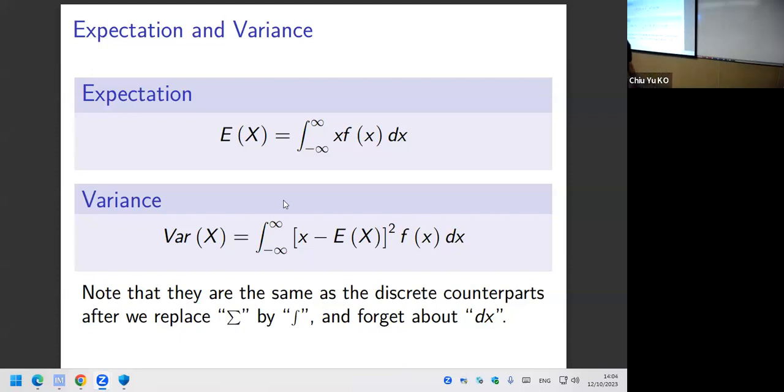Expectation and variance: the continuous case has the same idea. Expectation still means, if I repeat this many times, what is the average value. And variance is the same idea: how each value differs from its mean. Although the integration looks crazy, there's no difference from that.